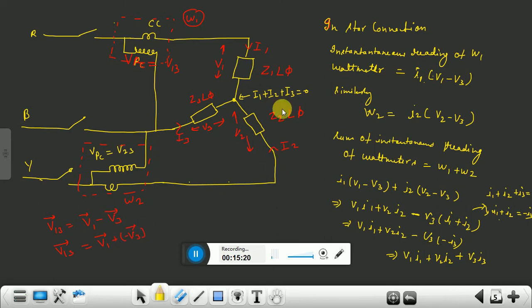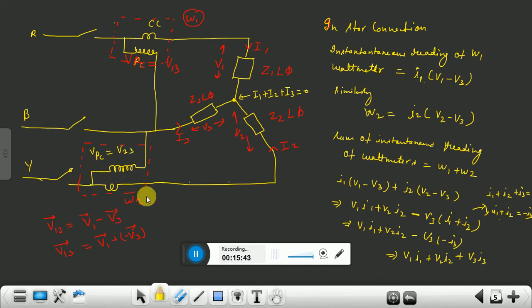So in star connection, the instantaneous reading of wattmeter 1 is I1 times (V1 minus V3). This is I1, and the voltage across this pressure coil is V1 minus V3.